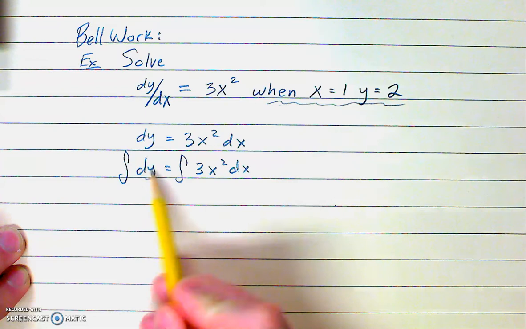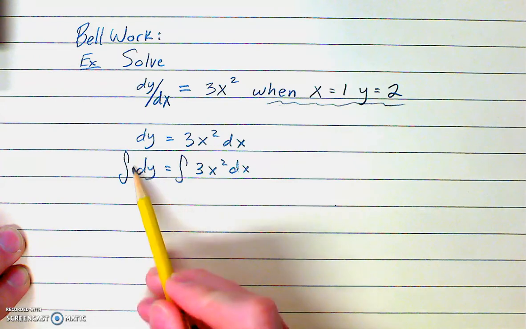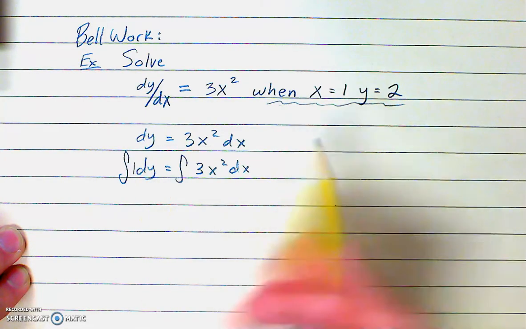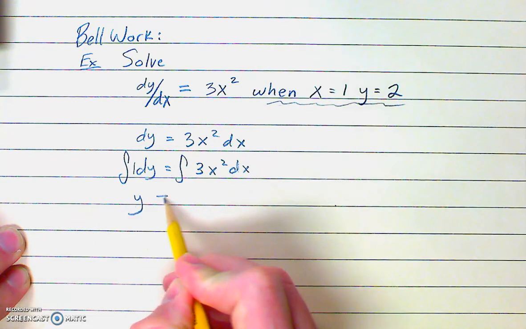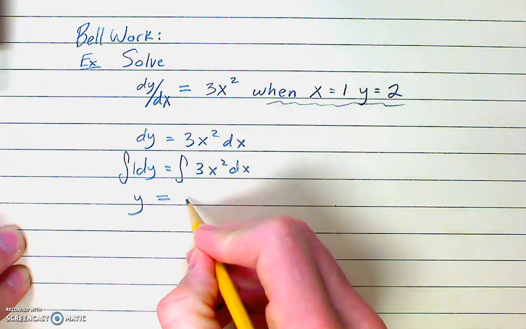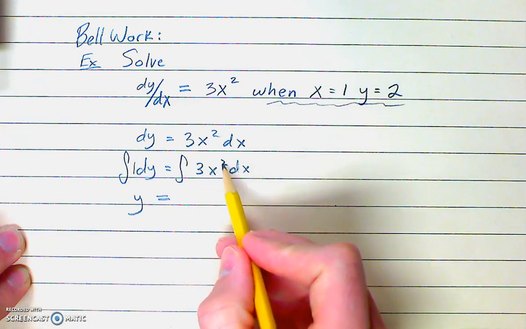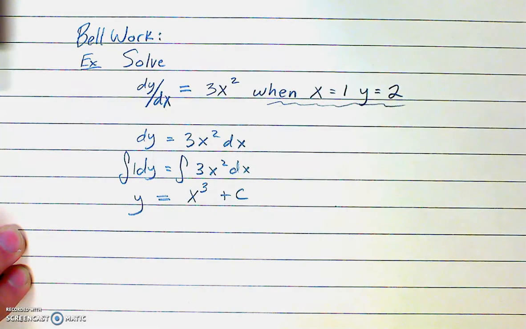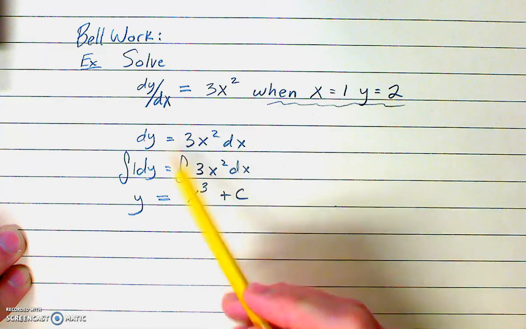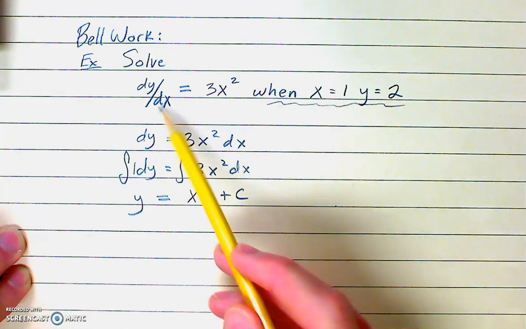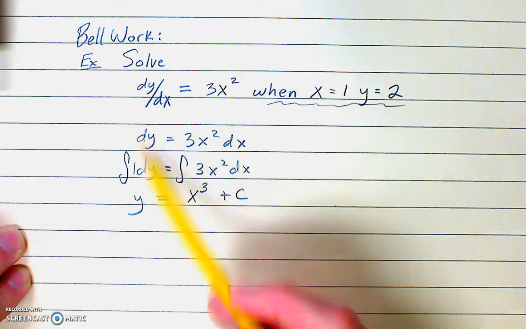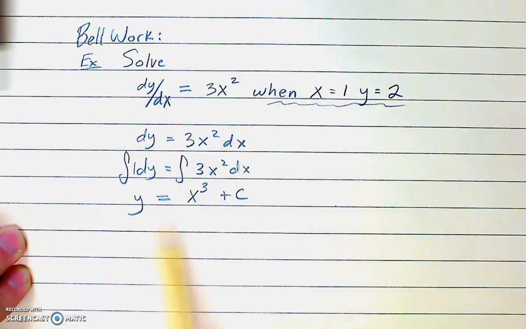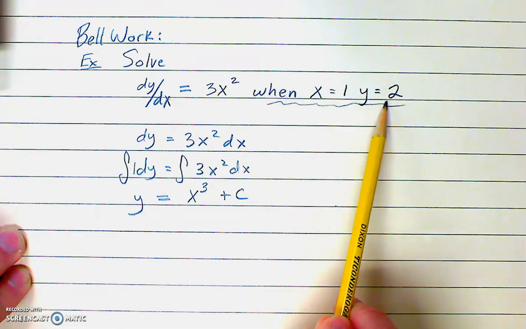The antiderivative of 1 dy is y. And the antiderivative of 3x squared is just x cubed plus c. Right? And so, once you separate your differentials, dy and dx, you can integrate both sides, and now you can plug in your initial values of 1 and 2.